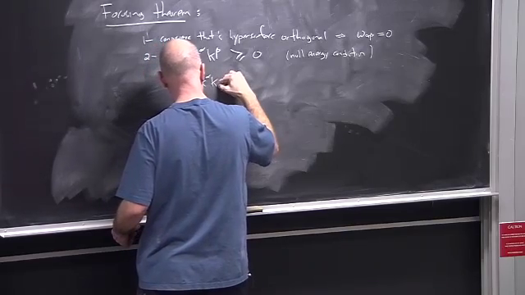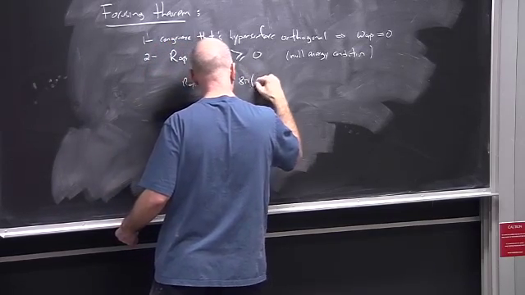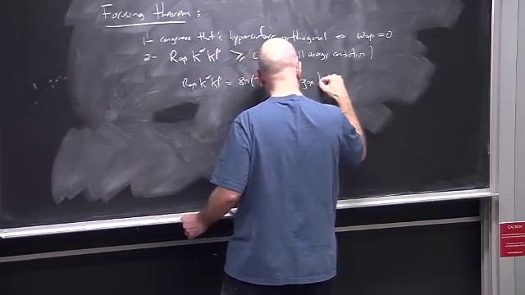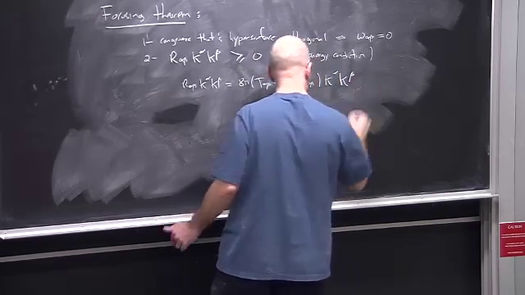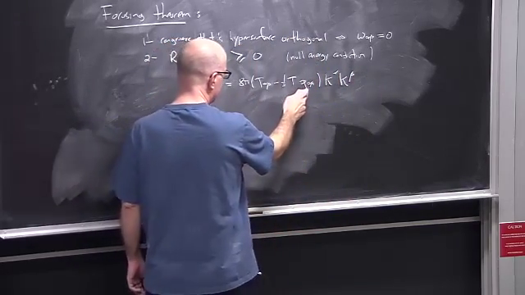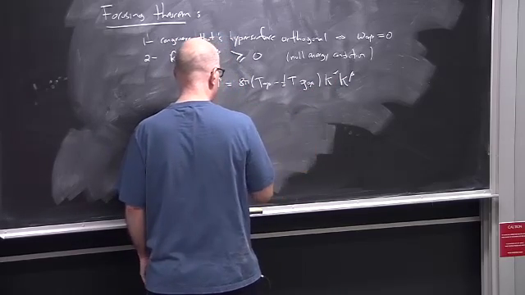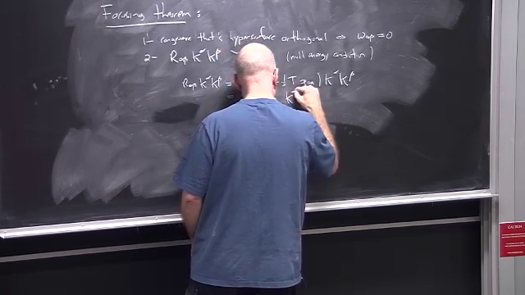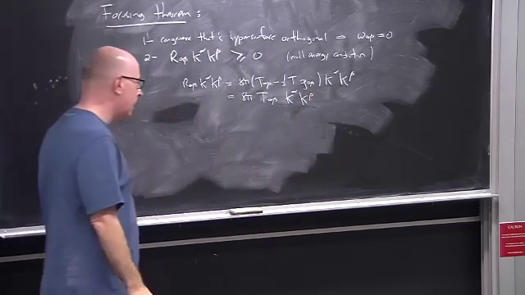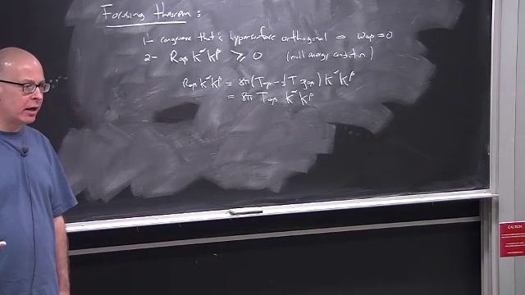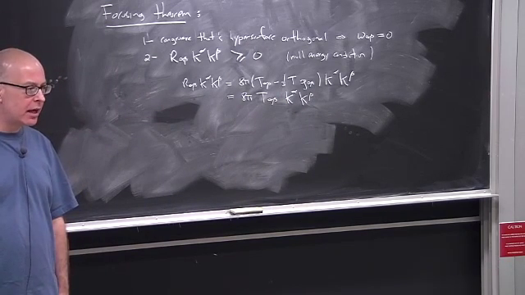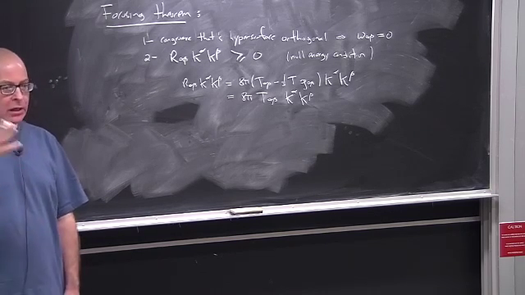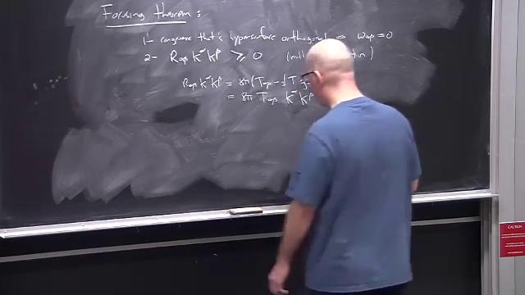And down here is really T alpha beta, the components along K. That has an interpretation as an energy density, at least the limiting case of an energy density as measured by an observer that would move with the speed of light or almost the speed. And if you say that your spacetime should have only positive energy in it, then physically you would expect this to be positive, and therefore you would expect the Ricci tensor to satisfy this criterion as well. So those are the conditions we need to put in to formulate our focusing theorem.